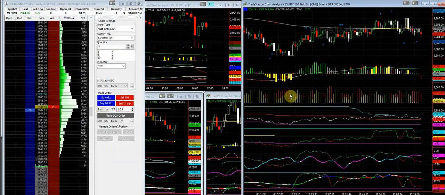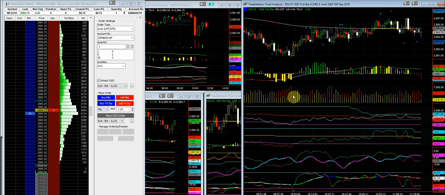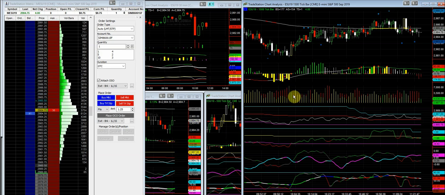What that indicates is that on this bar here, there were 2.8 more downticks than upticks. And on the next green bar, there were 2.8 more upticks than there were downticks.